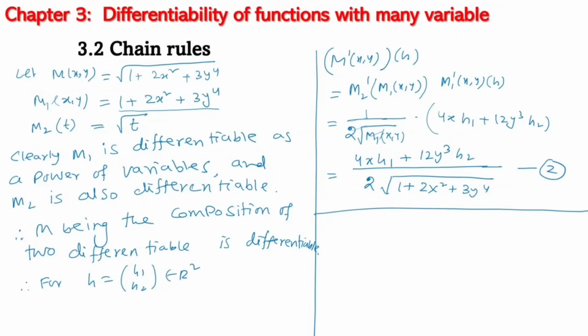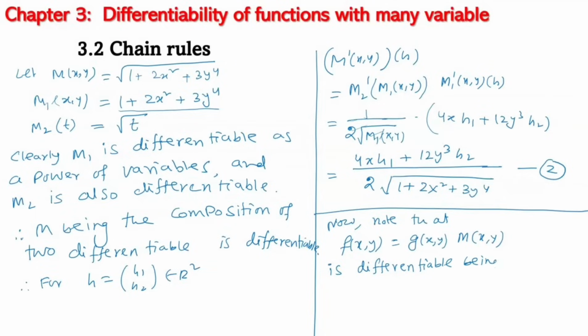Next, consider the given function f. Note that f of xy is equal to g of xy multiplied by m of xy, which is differentiable, being the product of two differentiable functions.